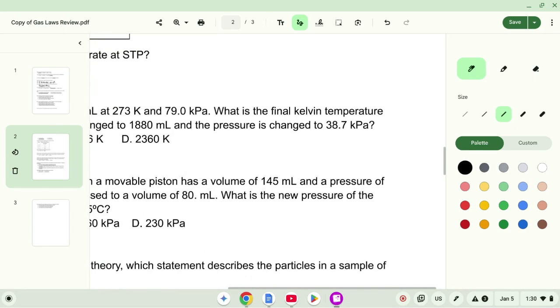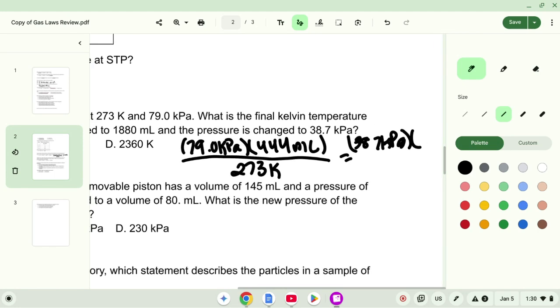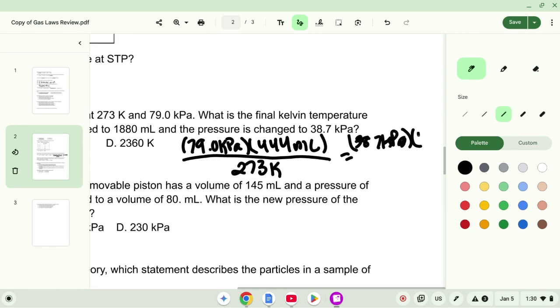So it's going to be 79 kilopascals times 444 milliliters over 273 K equals 38.7 kilopascals times 1,880 milliliters over the second temperature, which is what we're trying to figure out right now. If you do the math, you'll discover that T2 equals C.